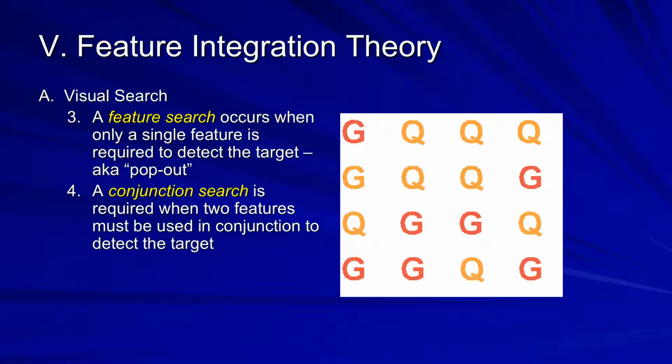The rest of us who are stuck with our black or navy luggage, who haven't thought to do so, have to engage in what we call a conjunction search. And this is required when two features must be used in conjunction to detect the target, or two or more features, I should say. So for example, in this case, we're looking for an orange G, in which case you have to find the right color and the right set of features that makes it a G versus a Q. So we're past pattern recognition and into directing our attention towards some specific thing in the environment.